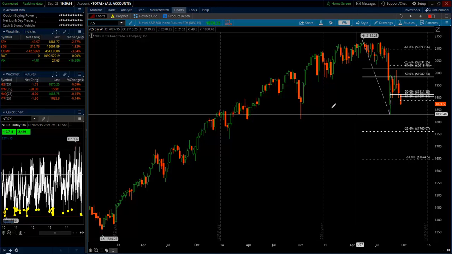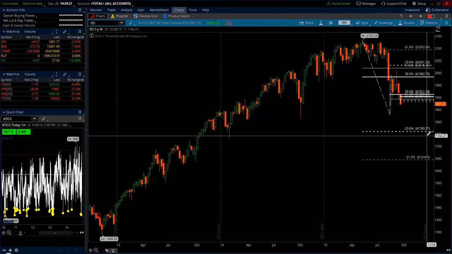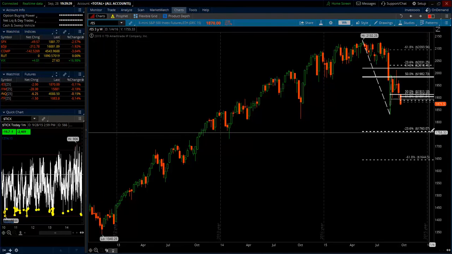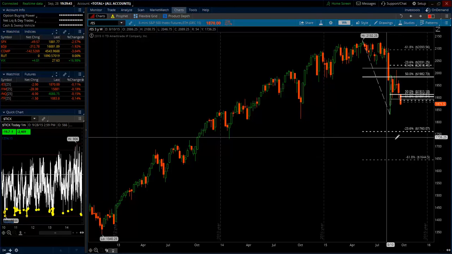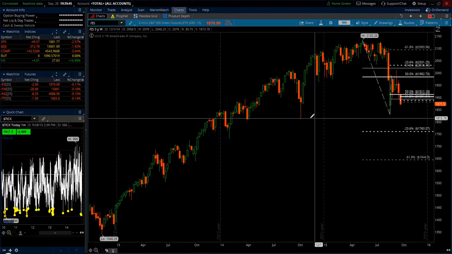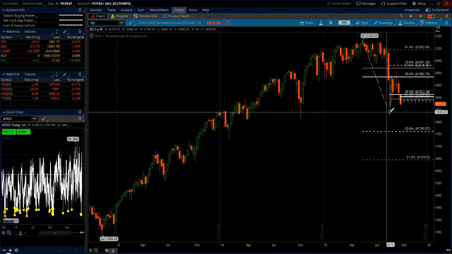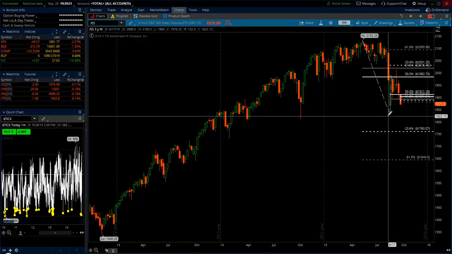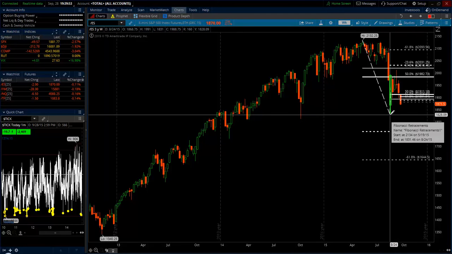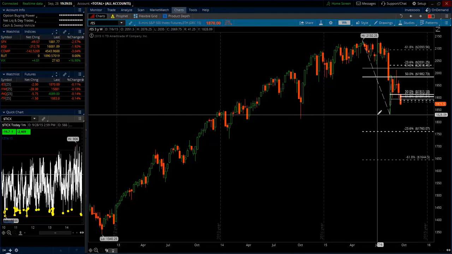So in the meantime, if we know that 1760s is the target down here, at least the potential target, and we have these swing lows in the mix that, once they break, we would expect some follow through, or that's what we would like to see in order to get that move lower.